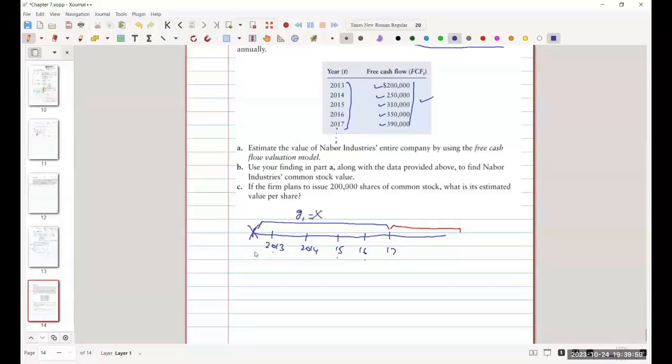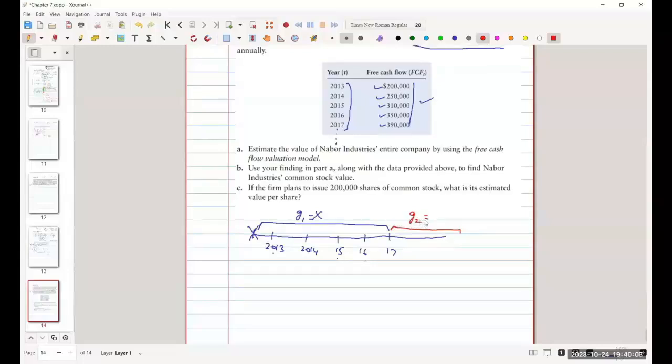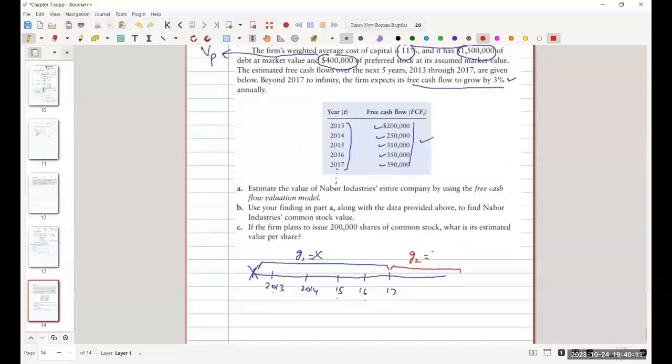However, in the second part of the timeline, we will need a growth rate. The G2 will be required, which in this case has been given to us as being equal to 3%. This is where we will use our constant growth formula, in the year 2018 onwards. So this will be the break-off point.